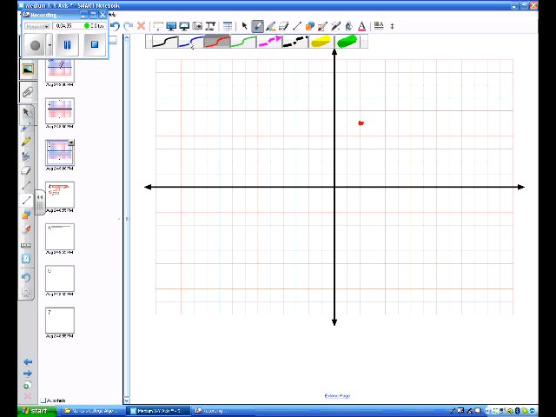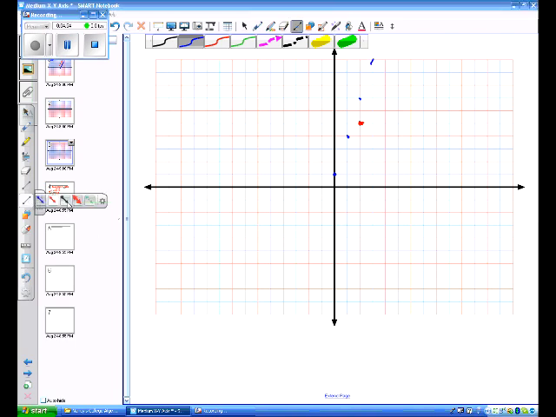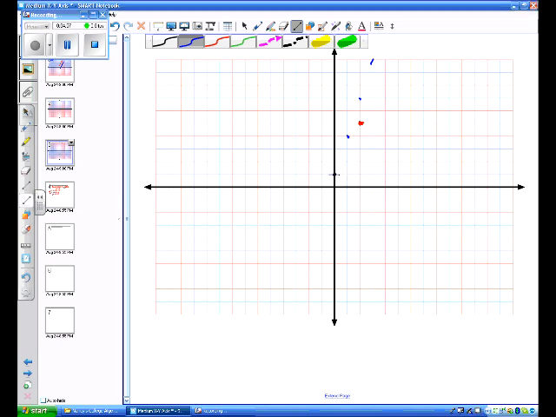So if we drew that line, 3x plus 1, our slope is 3, and we go up 1, 2, 3 to the right 1, 1, 2, 3 to the right 1, 1, 2, 3 to the right 1. We can draw that line. Now we want the line that's going to go through this point and is parallel to that. What we came up with was y equals 3x plus 11.